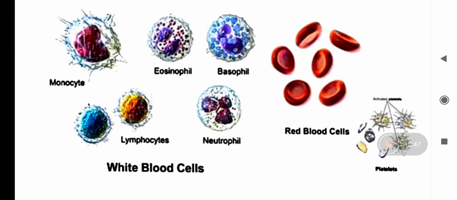They have antibodies. They kill the germs. Different types of white blood cells are there. Although it was not written in your book, but for your reference, the different types of white blood cells are monocytes, eosinophils, basophils, lymphocytes, and neutrophils.